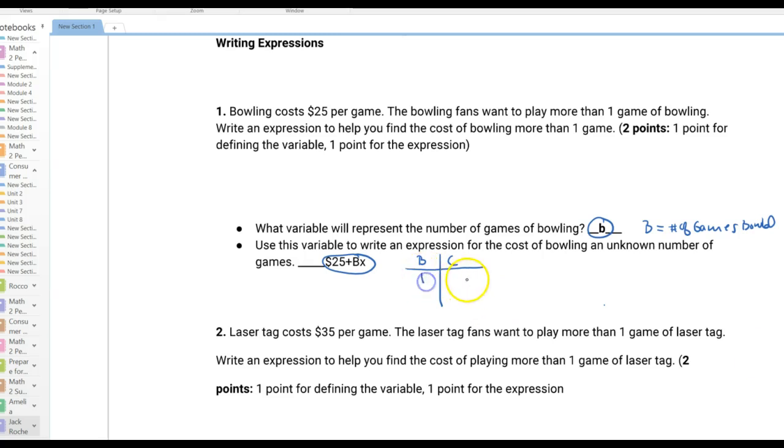If I bowl one game, how much does that cost? $25. If I bowl two games, what does that cost? $50. Three games would cost how much? $75. Which means, what are you doing to the number of games to get the cost? Such as, if I bowl B number of games, what would that cost be?